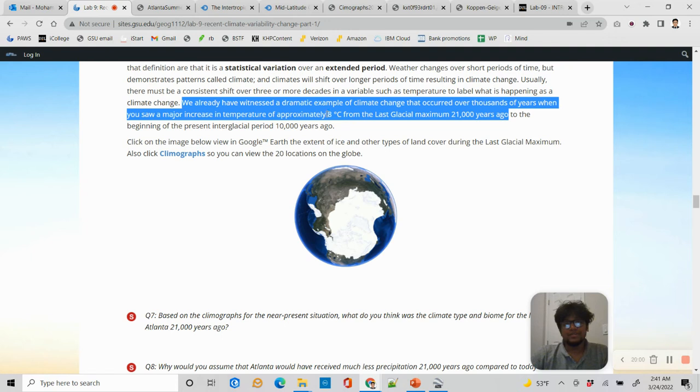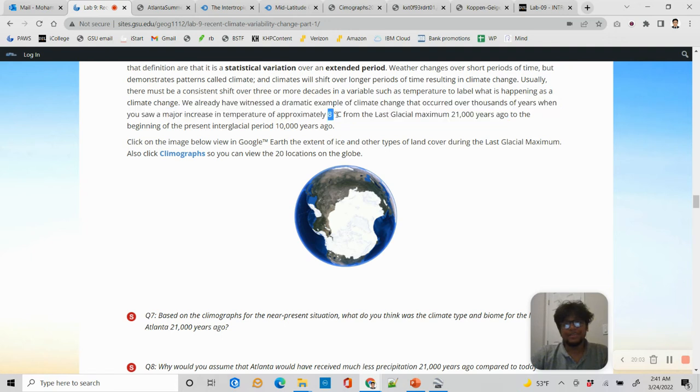It says there is a temperature increase of 8 degrees Celsius compared to 21,000 years ago. So in the case of Atlanta as well, the temperature was 8 degrees Celsius lower then. Now it is 8 degrees Celsius higher in Atlanta, right?